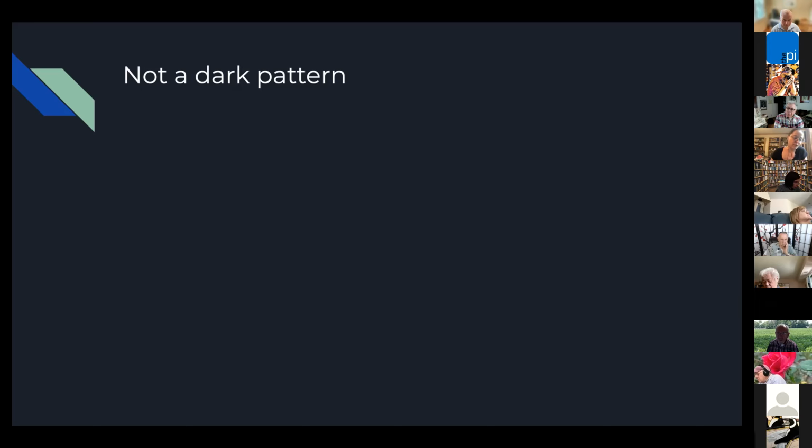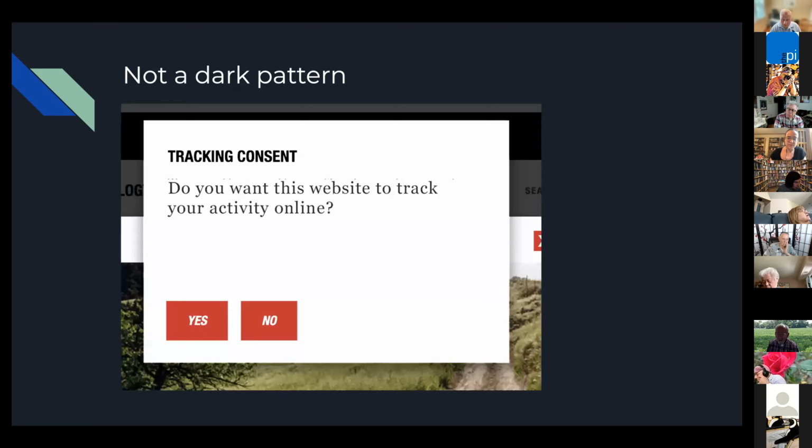And if one of these pop-ups were straightforward, were not a dark pattern, it would look something like this. So I mocked this up in Photoshop because I went looking for a not a dark pattern pop-up, and I was not able to find one in the hour that I devoted to this task. So I just made this up. This is not a real box. But if we had a straightforward consent box, it would look something like this.